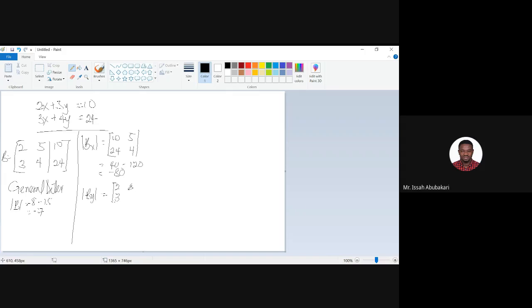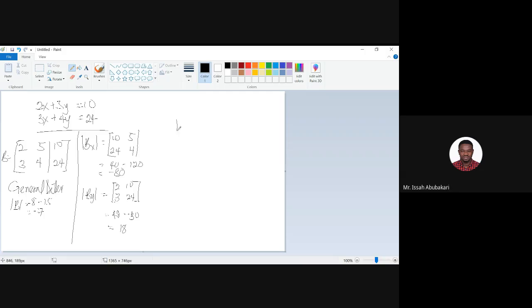So we are going to have 10 and 24. Then 2 times 24 is 48, minus 3 times 10 is 30. So the determinant of By is equal to 18.